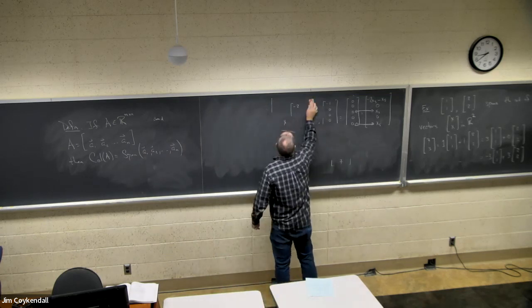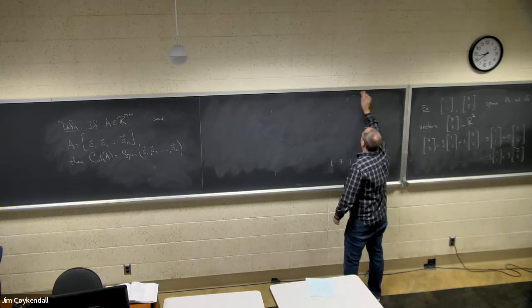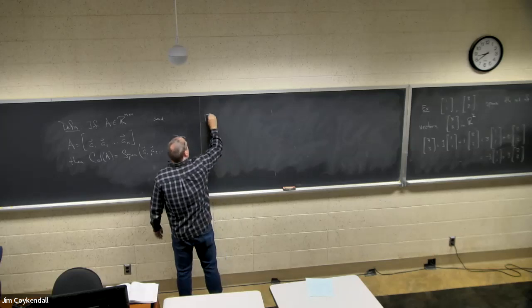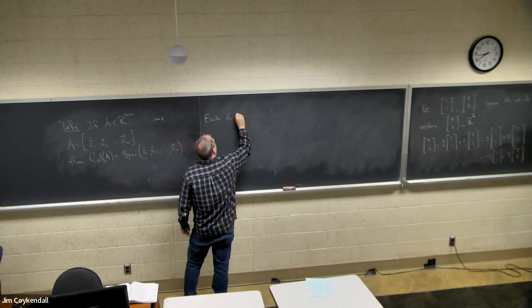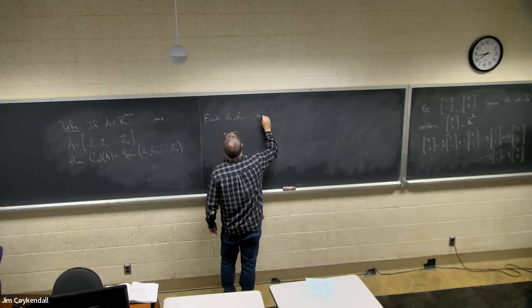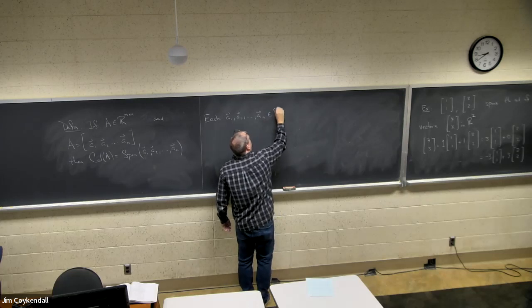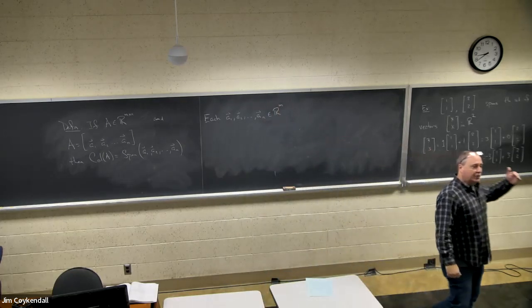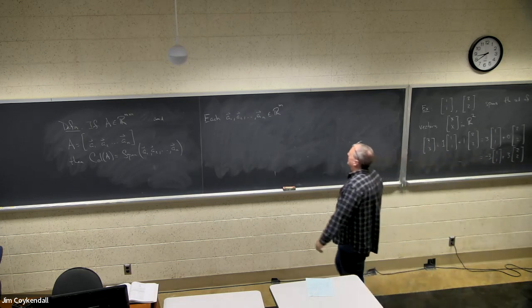So let me make the observation first that each of A1, A2, through An is in R^m. Right, because remember, my original matrix A has m rows, so the column vectors are all m high, the number of rows.